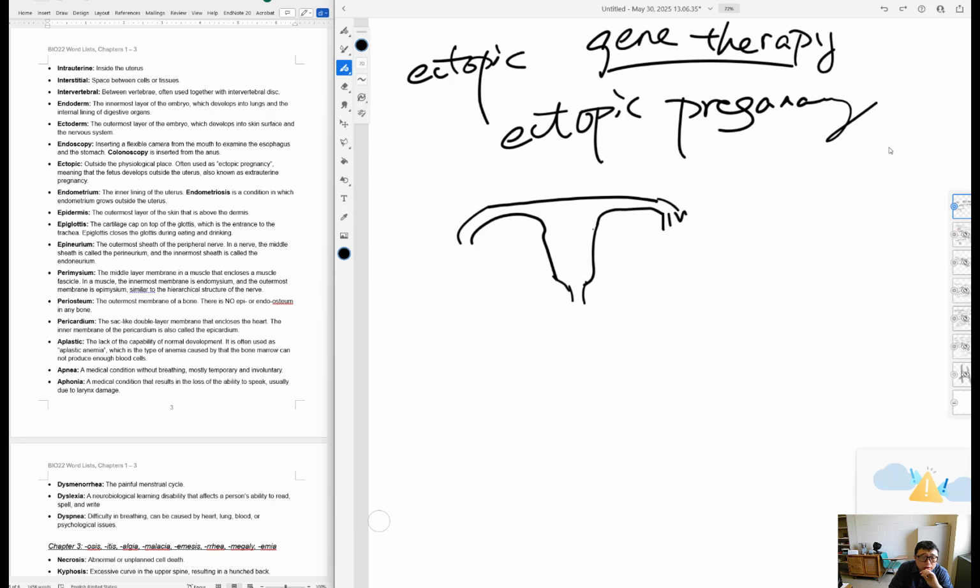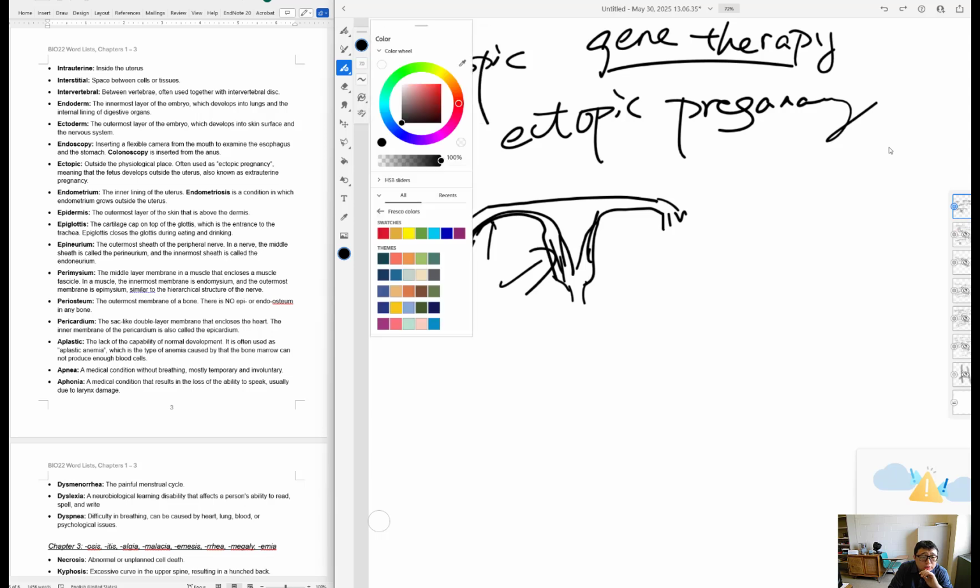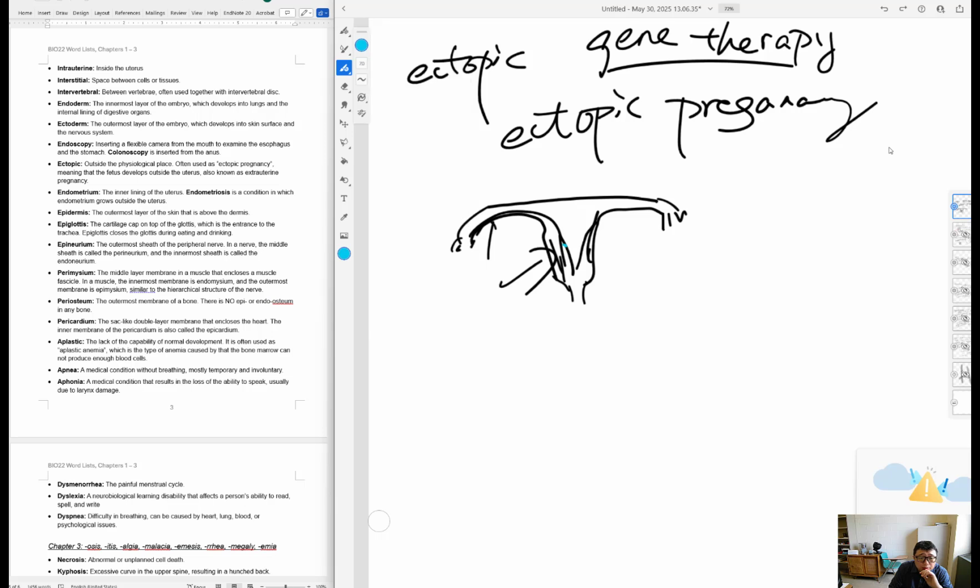This is the uterus, and this is called a fallopian tube. In the best condition, a baby grows here in the uterus, and this is called intrauterine pregnancy.